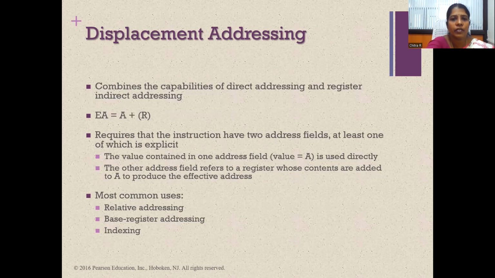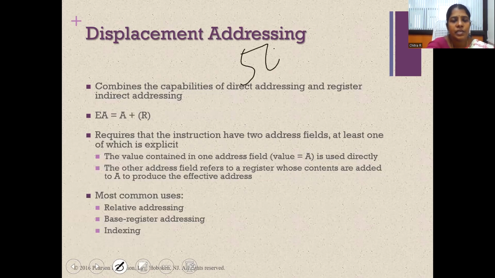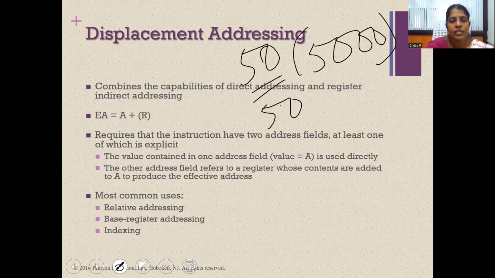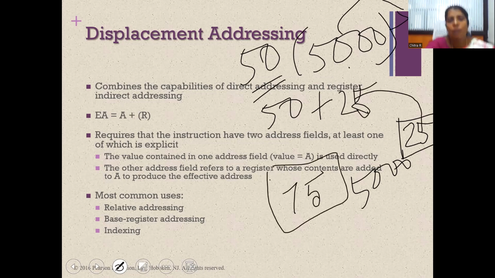For example, the address space 50 of 5,000 means you should take this 50. This is the directly given address. Go to the location 5,000. In the location 5,000, the value available is 25, so you take that value and add it with this value. Finally, you will get 75. That is the address of the operand.